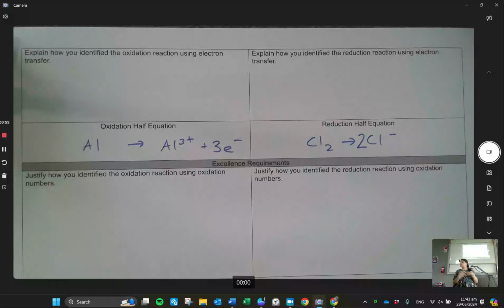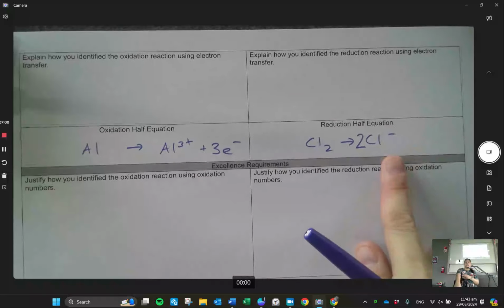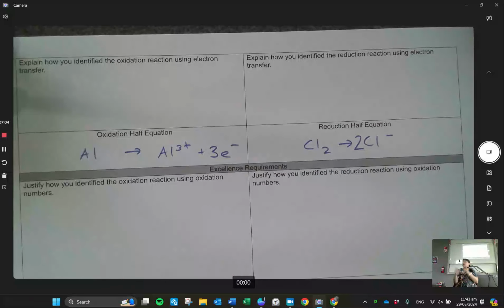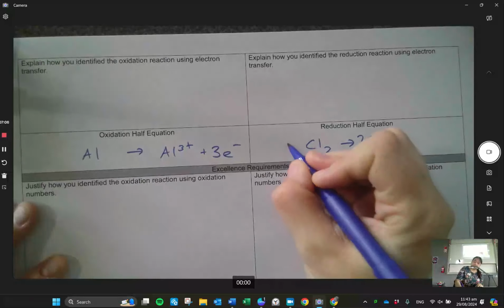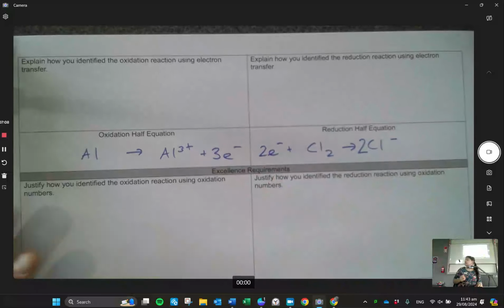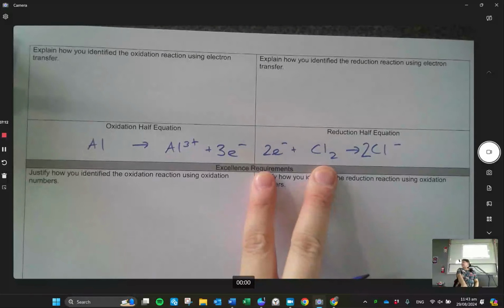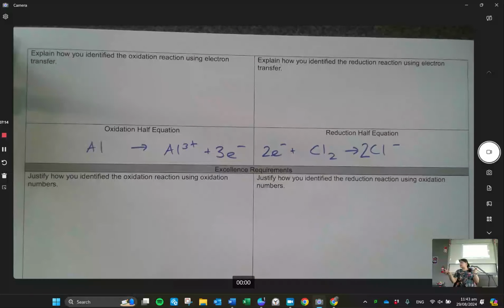Makes sense? Last thing I need to do is add my electrons. In this case there's no charge; in this case there is a -1 charge, but there are 2 of them. So I need 2 electrons on that side, because it's gaining them. It's getting added to the chlorine.